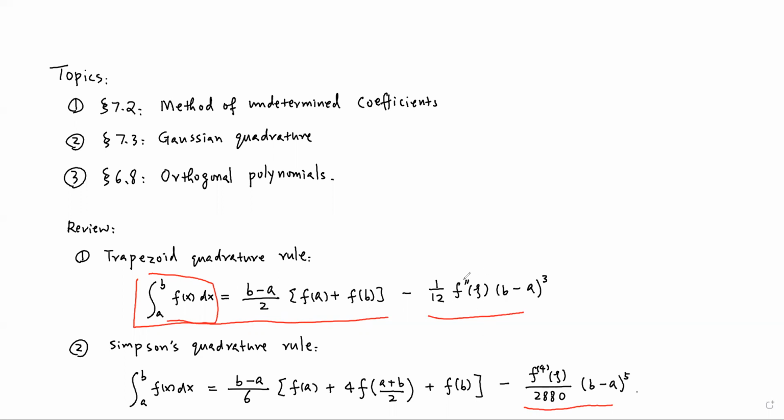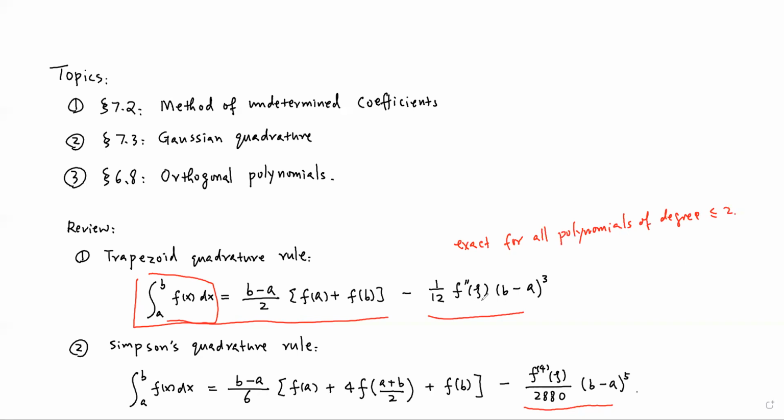Because the error involves the second derivative, the trapezoid rule is exact for all polynomials of degree not greater than 2, right?